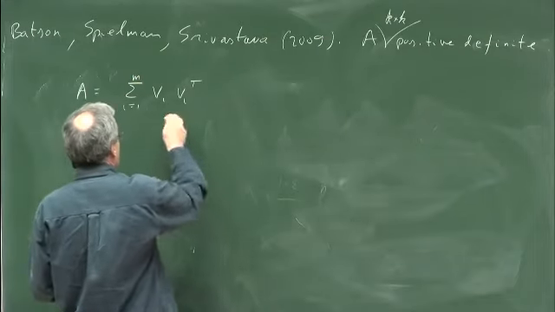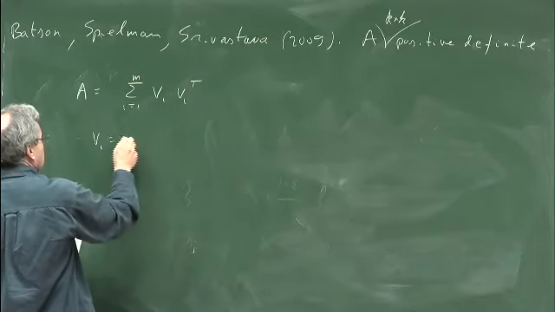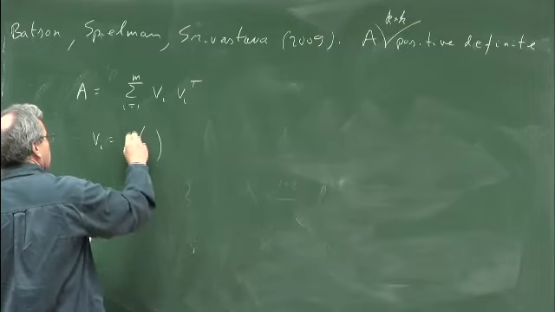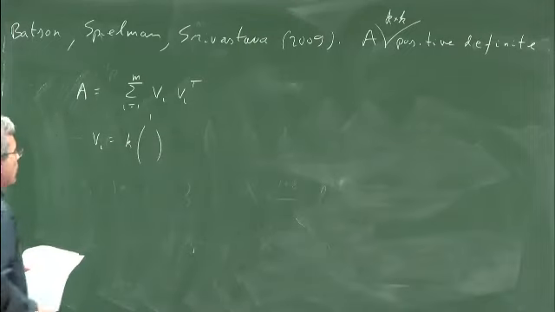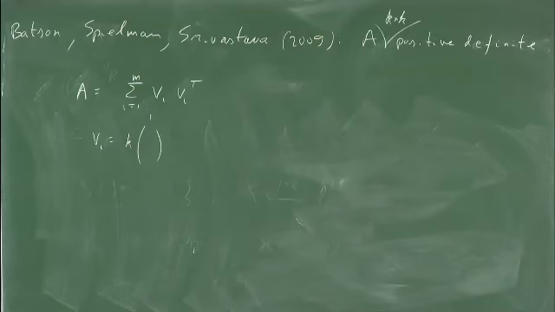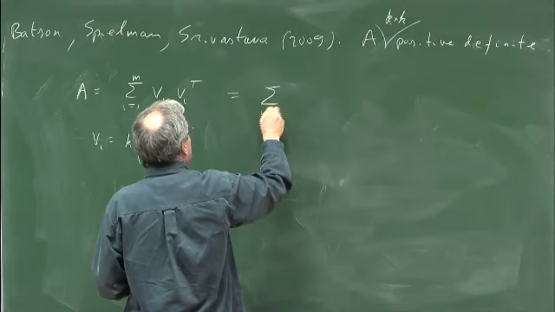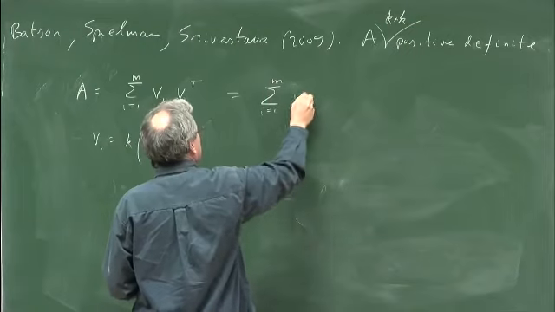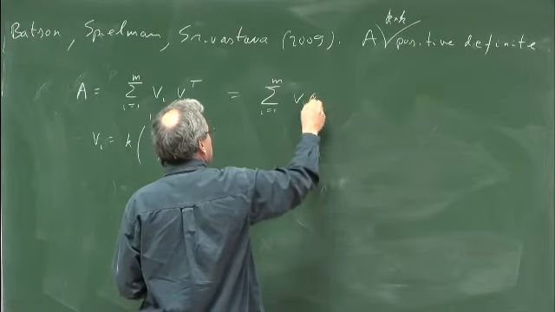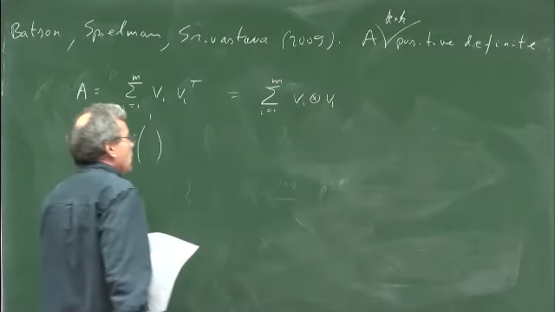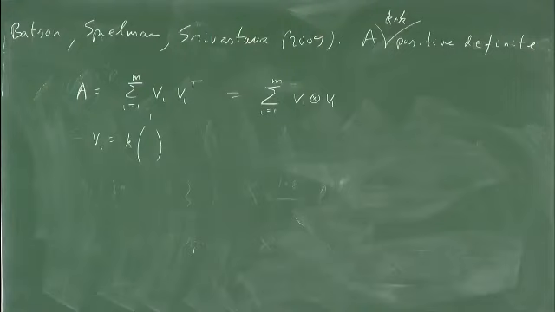So the v_i for me are k by 1 vectors. In functional analysis notation, this is the operator v_i tensor v_i. Okay, so any positive definite matrix can be written like that, in many different ways usually.